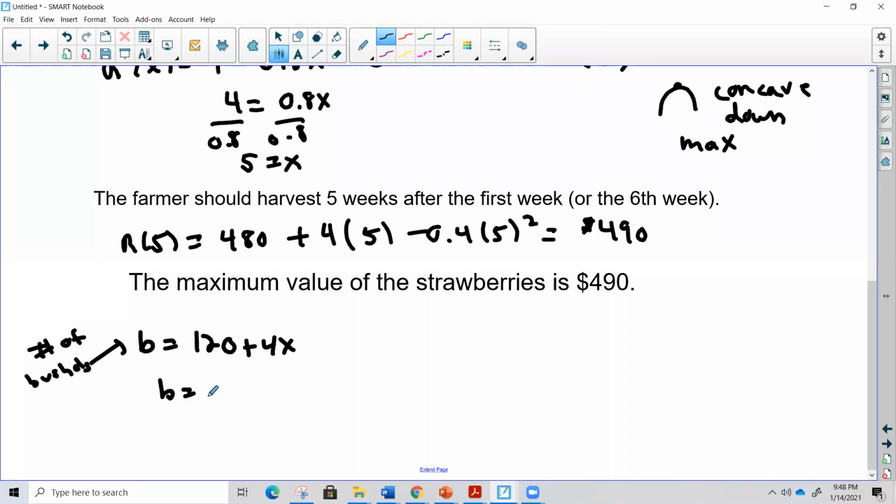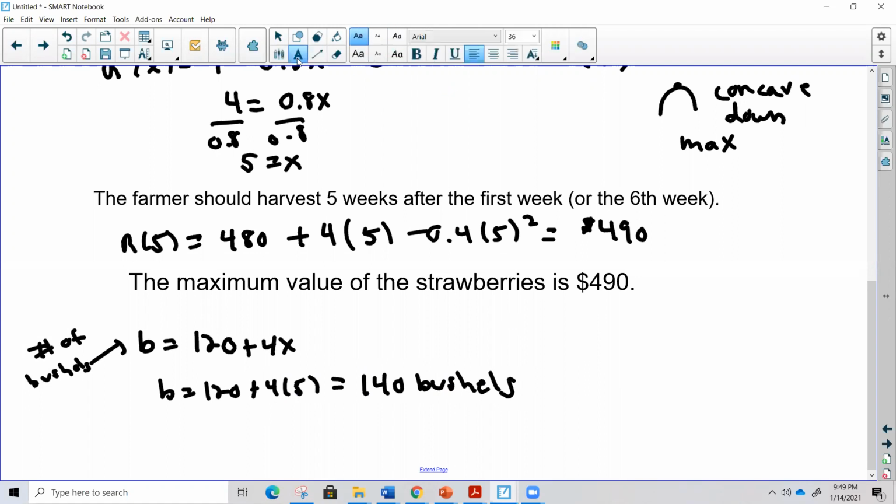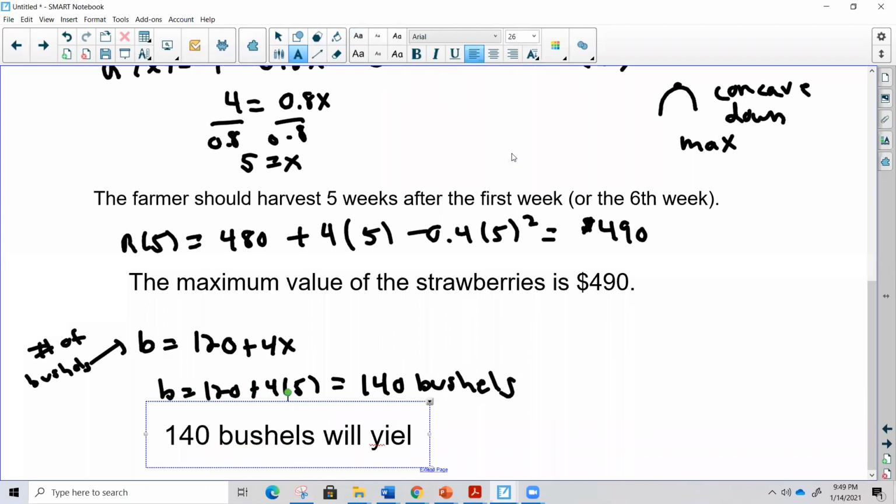So I'd have B equals 120 plus 4 times 5. And that gives me 140. So there's 140 bushels. So 140 bushels will yield the maximum value.